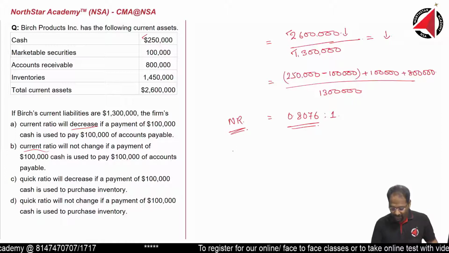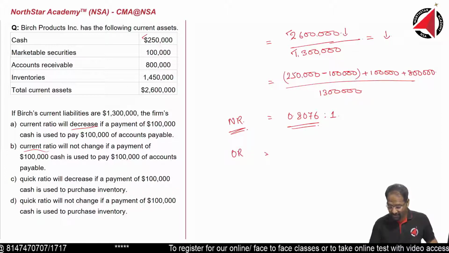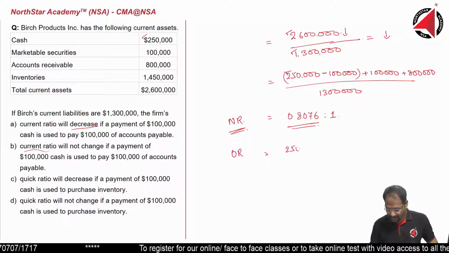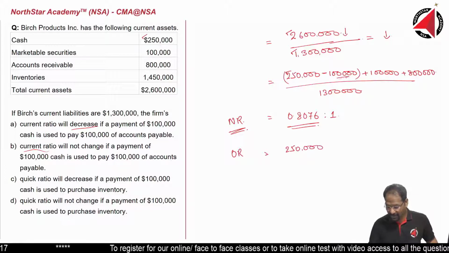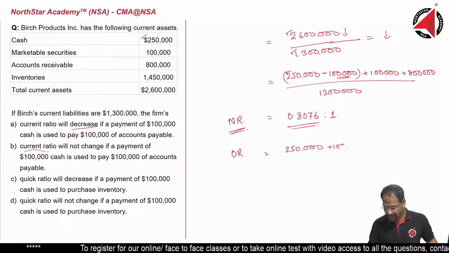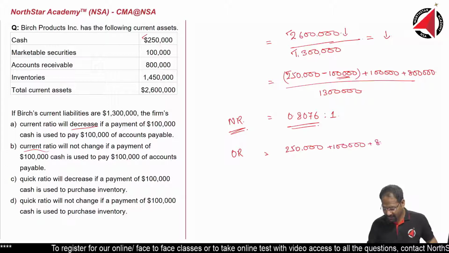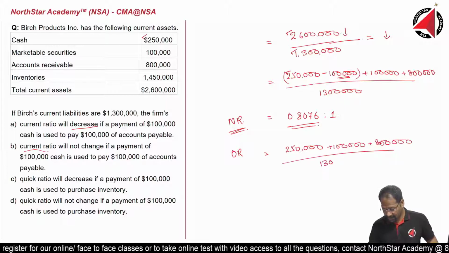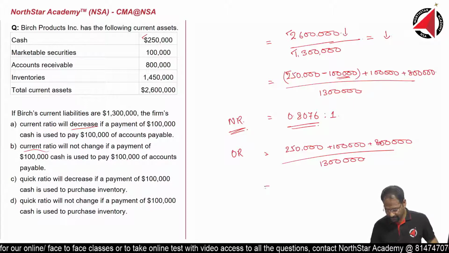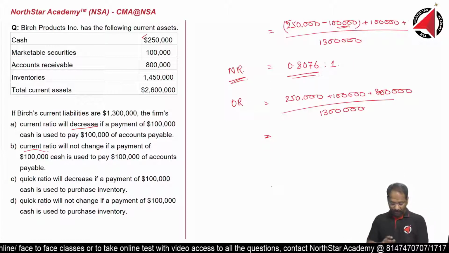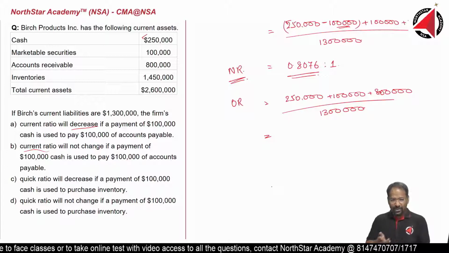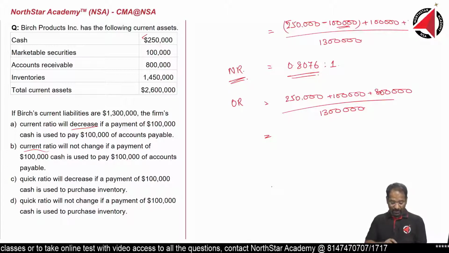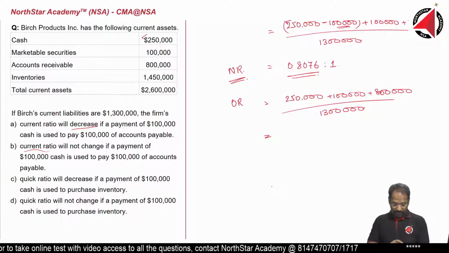How? Let's look at the old ratio. How was the old ratio? It must have been 250,000, we are not buying any inventory, plus 100,000 plus 800,000 divided by 1,300,000. We don't need to calculate, but still I am showing you: 250,000 plus 100,000 plus 800,000 divided by 1,300,000.